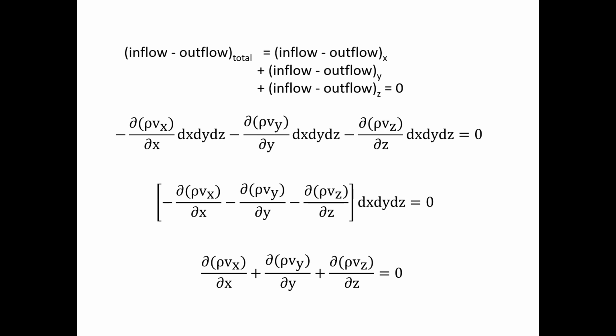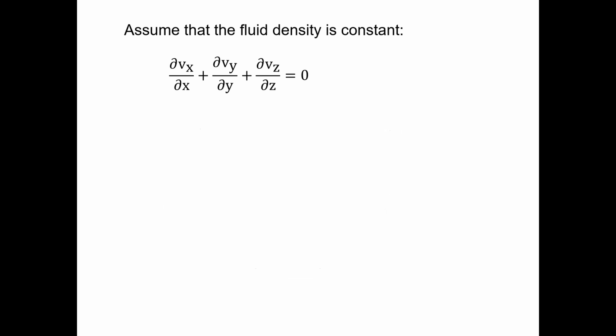You may recall from calculus that if you're taking the derivative of an expression such as rho vx, the rho part is a constant, so you can pull it outside the derivative. I don't have it written here, but you could replace this with the density times del Vx del x plus the density times del Vy del y and so forth. But then if you just divide by the density, you can get rid of that term.